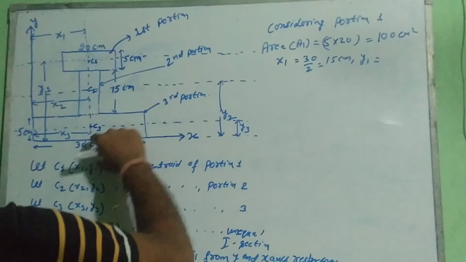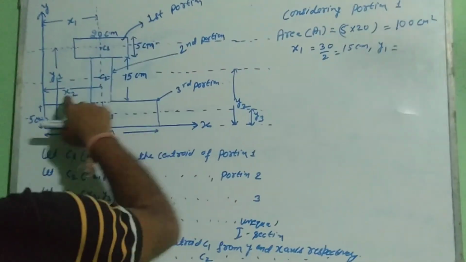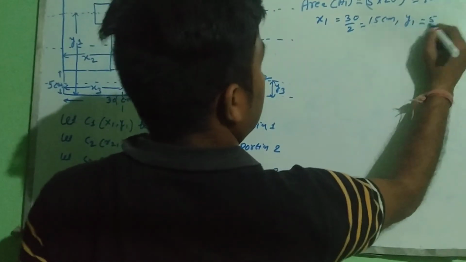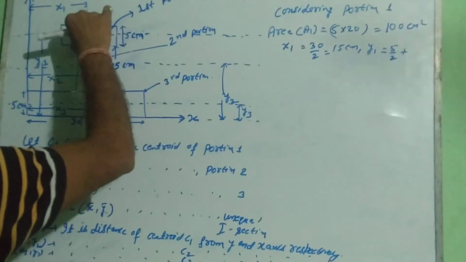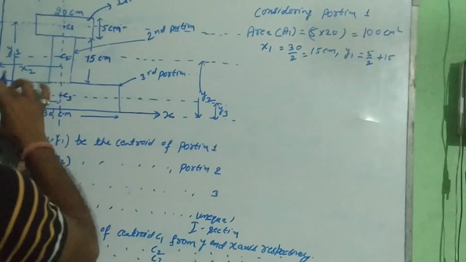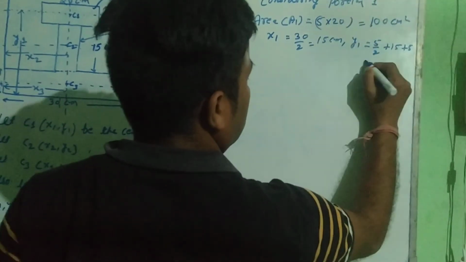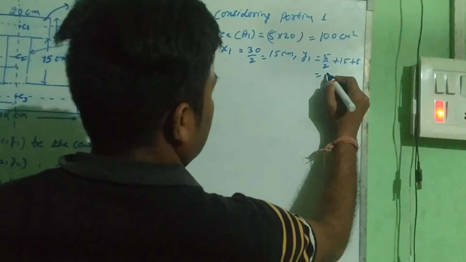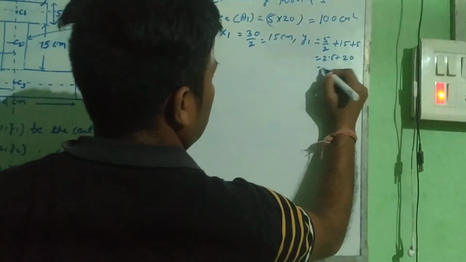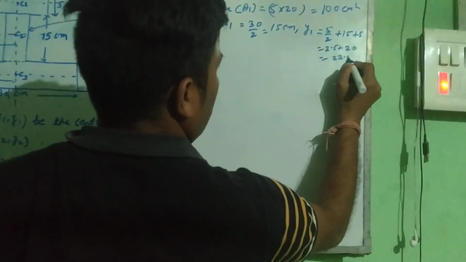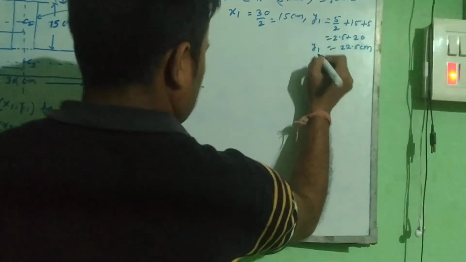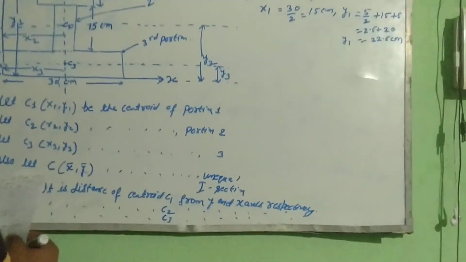So y1 is 5 by 2, that is 2.5, plus this height 15 plus this height 5, so 2.5 plus 20 equal to 22.5 centimeter. This is y1.